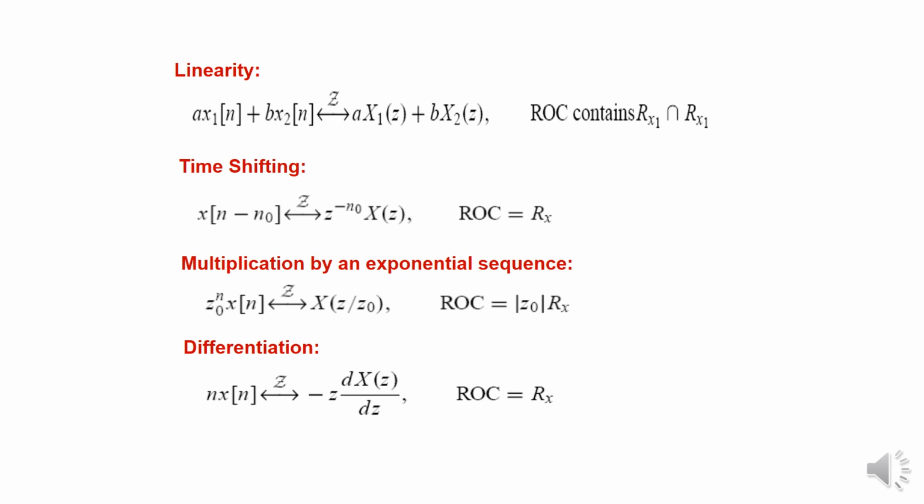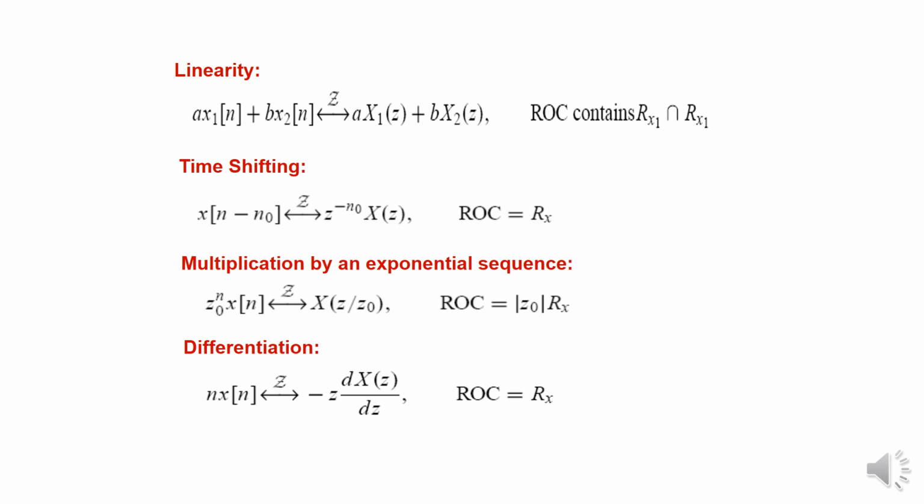X(z) is the Z transform of x. Then multiplication by an exponential sequence. In the time domain we are multiplying by z naught to the power n. Then X(z) will change to X(z over z naught). That means you have to replace z of X(z) by z over z naught. And the region of convergence will be magnitude of z naught times the region of convergence of X(z).